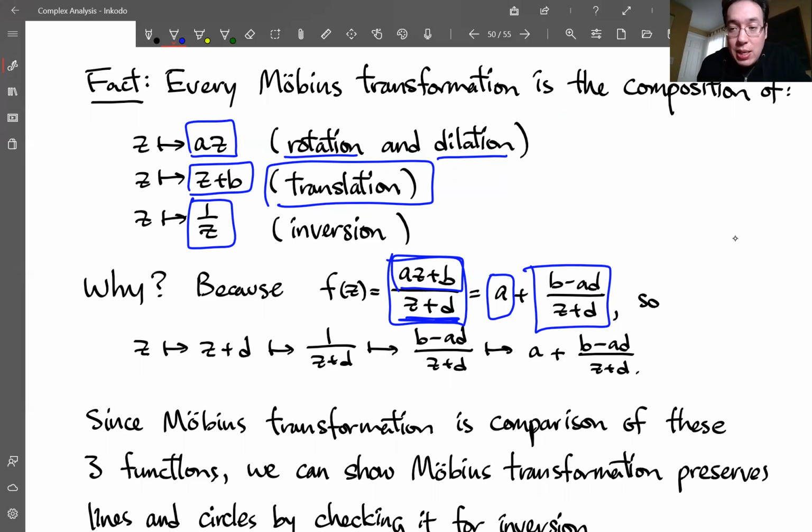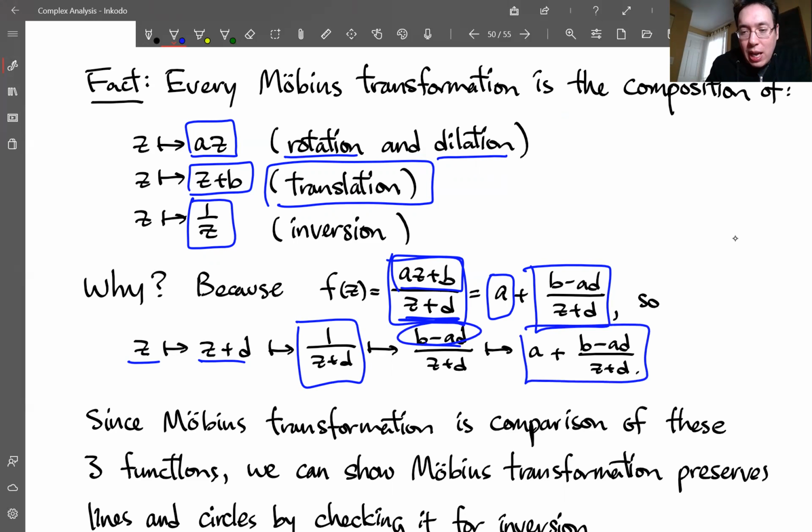So we could get this Mobius transformation by first doing a translation, adding a D, then looking at the inversion, and then multiplying by the constant B minus AD, and then finally adding A, so another translation after that.